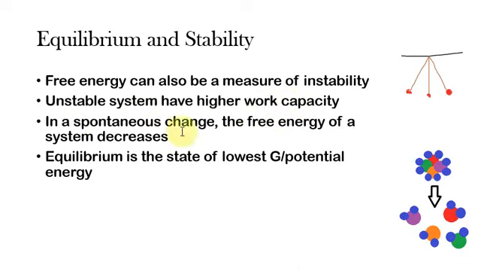Now, in a spontaneous change, like we were saying, the free energy of a system decreases. And this is going to apply in an interesting way to equilibrium, which we're going to be looking at next. Equilibrium is basically, in this case, the center of the pendulum. So where the pendulum will no longer move away. It's where, in order to move in either direction, you'll have to give up G. You'll have to increase the energy of the system, which will not happen spontaneously.